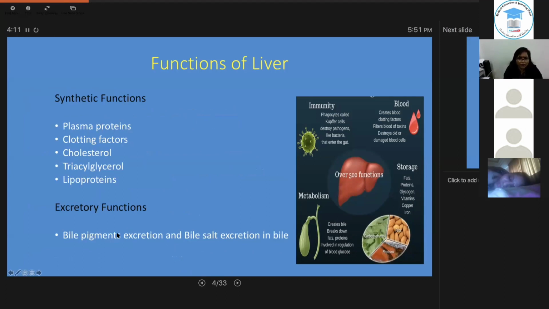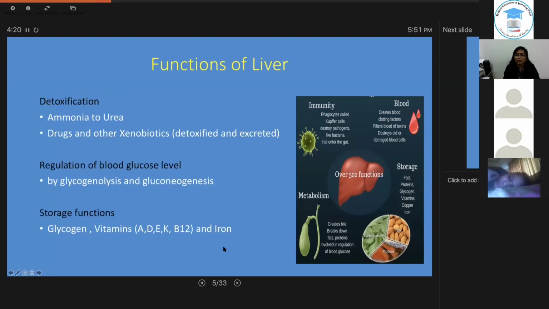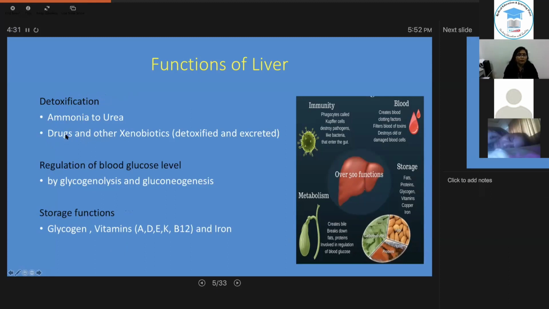The excretory function: bile pigments and bile salts are excreted in the bile by the liver only. The detoxification, another important job done by the liver, is the conversion of ammonia to urea. So many drugs we take are detoxified by the liver.